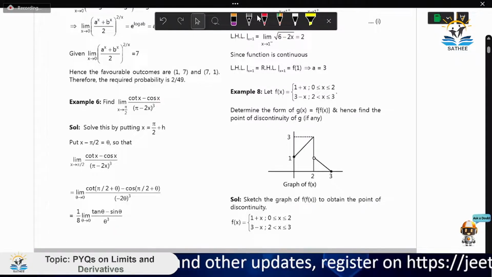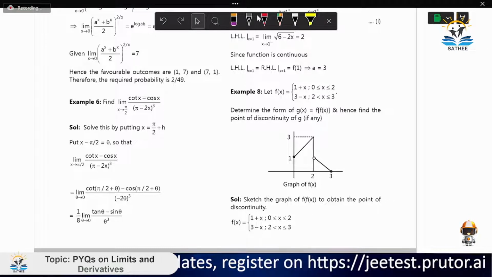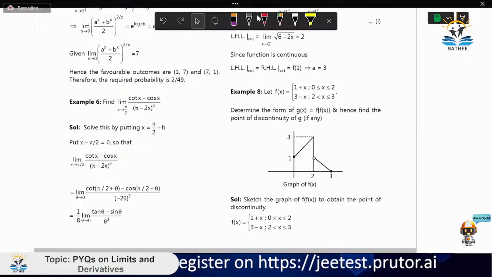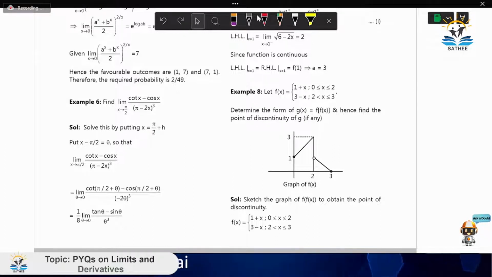We have cot x minus cos x over pi minus 2x to the power 3. Again, you can apply the L'Hopital rule because it is again going to 0. So let us apply it. What is the differentiation of cot x? You guys tell me.